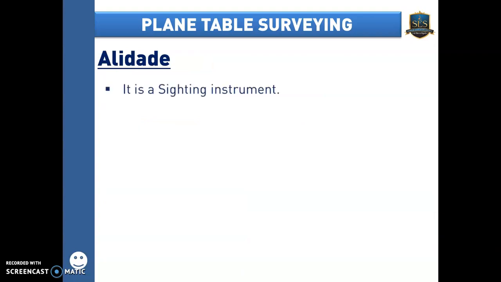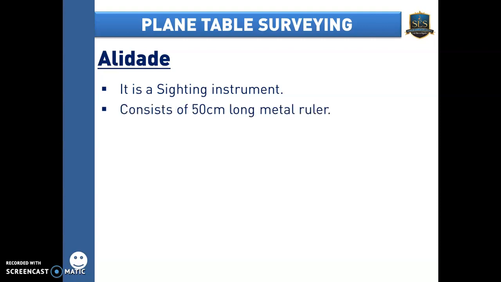Alidade. It is a sighting instrument used to bisect the object on the field. It consists of 50 cm long metal ruler.